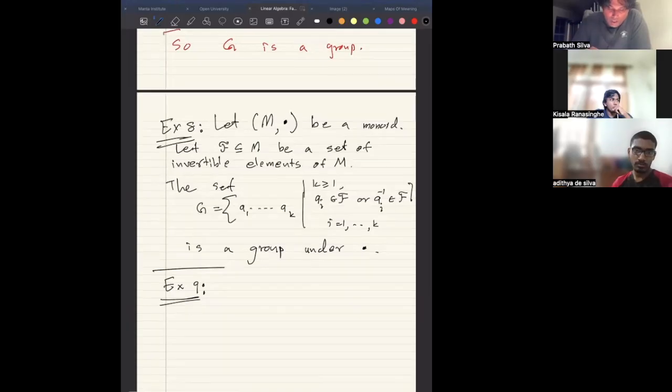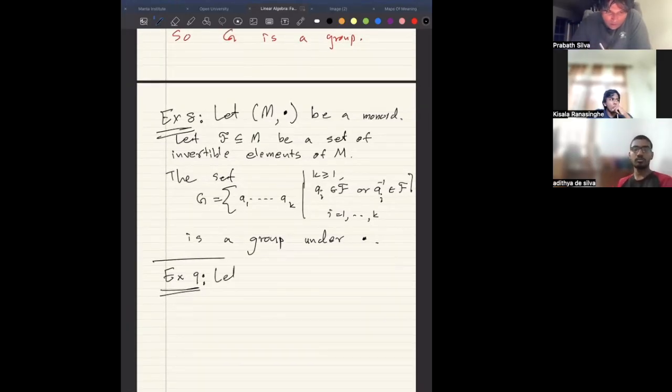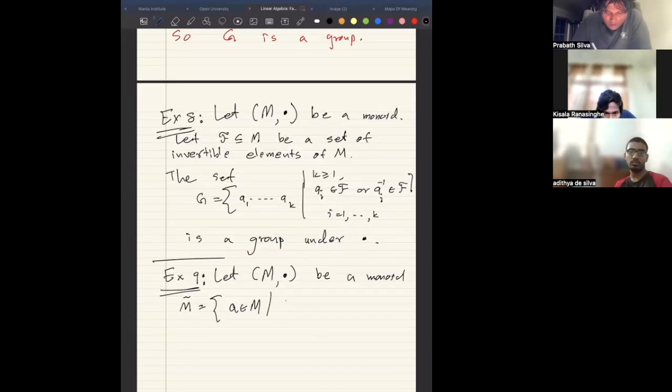So let M be a monoid, and I'd call it M tilde, the set of elements in M such that A is invertible.